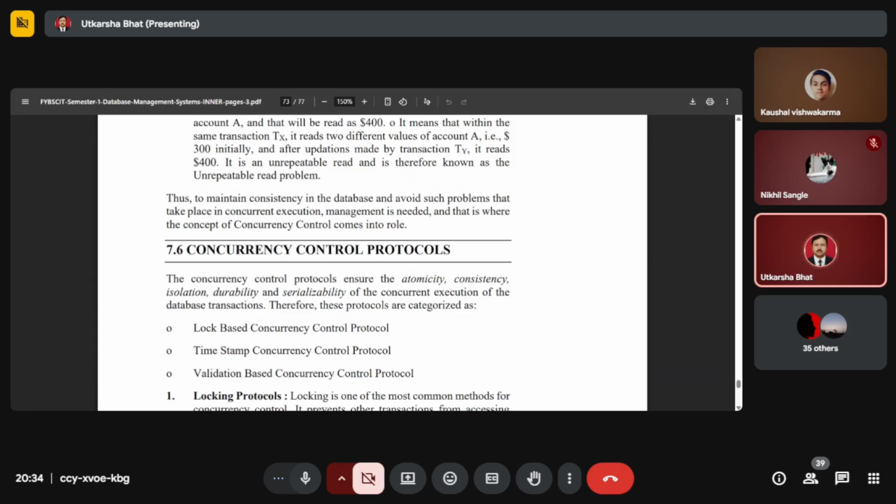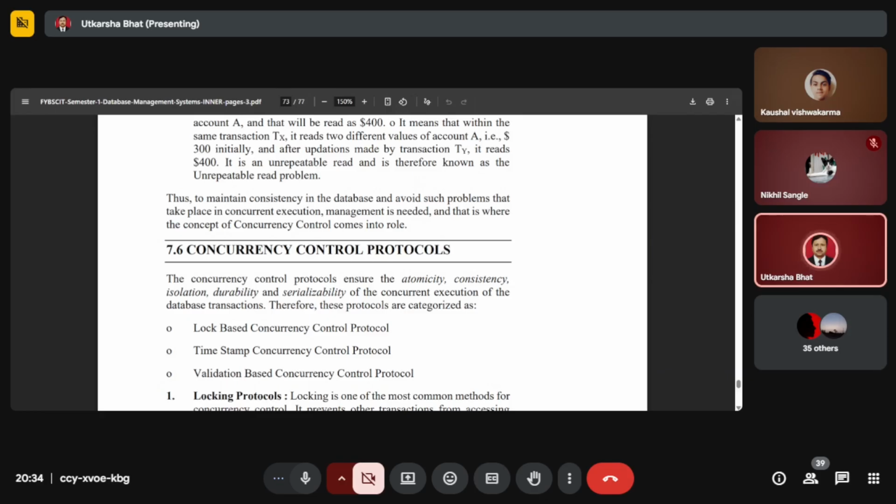So in the above, there are so many problems created. So to maintain the consistency in the database and avoid such problems that take place in concurrent execution, concurrent execution management is needed, and that is where the concept of concurrency control comes into the role.